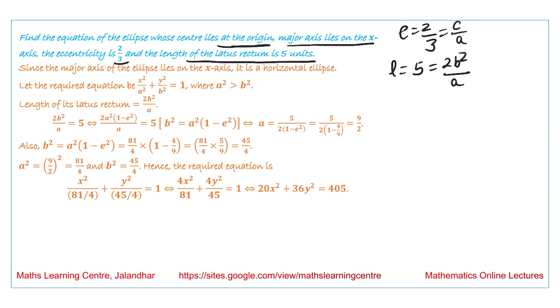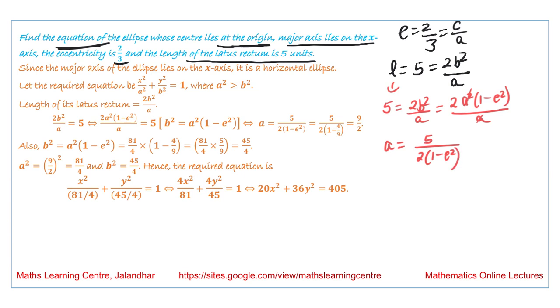We want to find the equation of the ellipse. It means we want to calculate the value of A and B. So we start with the value of latus rectum. We are writing 5 is equal to 2b square over A, and the value of b square we know is A square into 1 minus E square, divided by A. So from this, A gets cancelled over here, and we are left with A is equal to 5 by 2 times 1 minus E square.